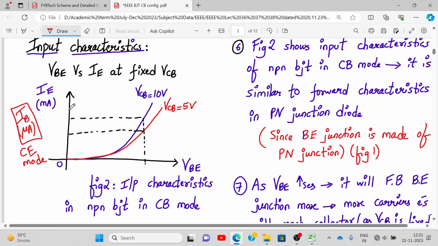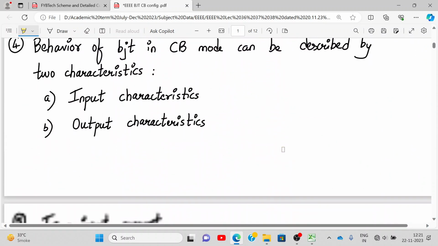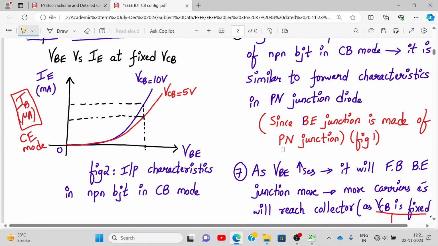Instead of current IB, we have IE. But between base and emitter, we have only a PN junction, no? See here, between base and emitter, what is connected? A PN junction, no? And that is forward biased. So what will happen? As we go on increasing the voltage VBE, it will resemble the PN junction characteristics. That's why the nature of the graph is exponential. Did you understand this? Okay.